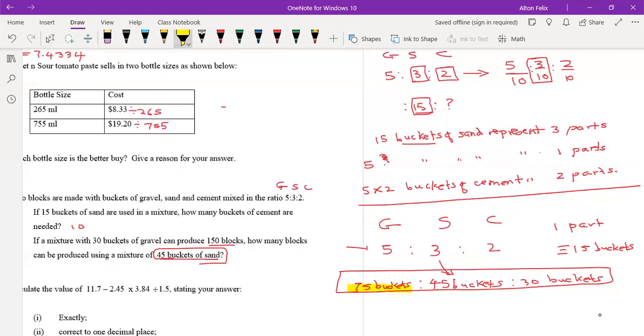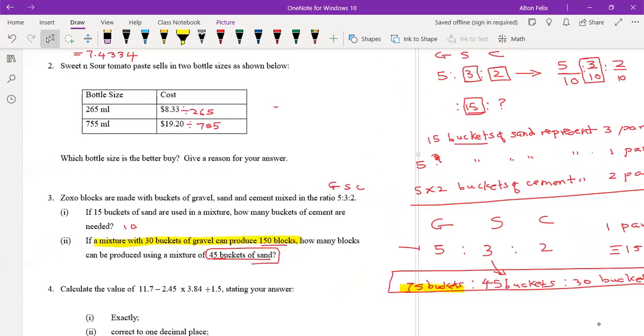Now, the question is, based on the information given, a mixture of 30 buckets of gravel can produce 150 blocks. So how many blocks can be produced using a mixture of 45 buckets of sand? Well, 45 buckets of sand means that 75 buckets of gravel are being used. And that is the key to answering the question in terms of finding the number of blocks.